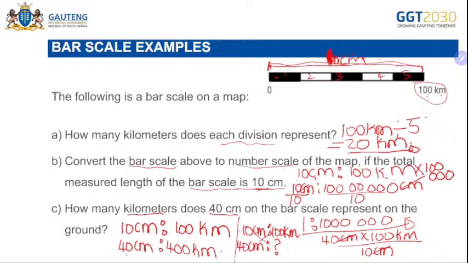Centimeters and centimeters cancel. We say 40 multiplied by 100 equals 4,000. 4,000 divided by 10, the answer is 400. And it is 400 what? 400 kilometers. So you can do it both ways. You can use the first short, straightforward method, or you can use this long calculation. It doesn't matter. At the end of the day, we are all getting to that destination.